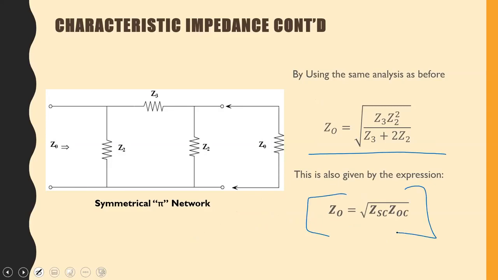The bottom line is, regardless of whether you're dealing with a pi network or a T network, the characteristic impedance will be equal to the square root of the product of the open circuit and the short circuit impedances. So again, I want you to take some time, make sure you get that as your final result, and then you apply the short circuit and open circuit and compare it.